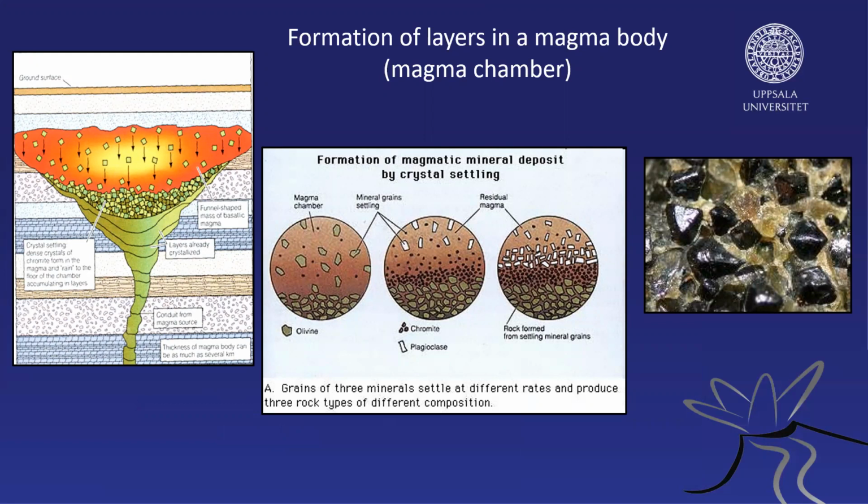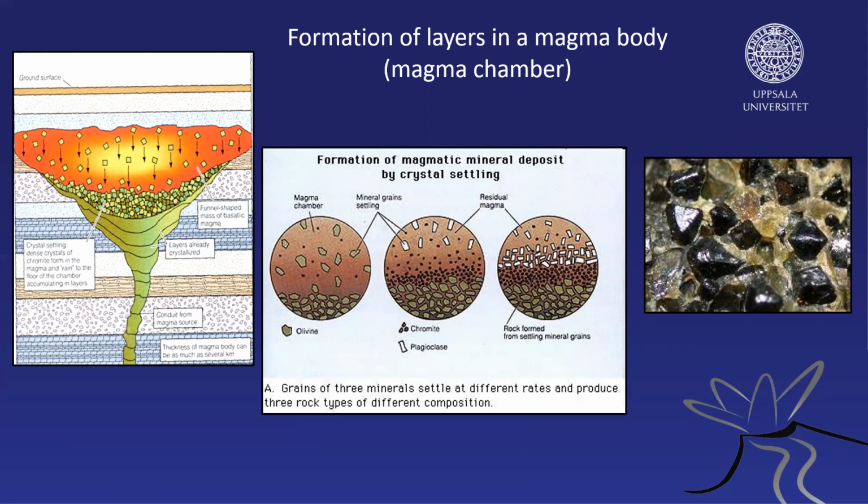We have a magma chamber, which cannot be close to the surface. It has to keep the heat, the initial heat. And basically the minerals start crystallizing and they sink and they form layers.